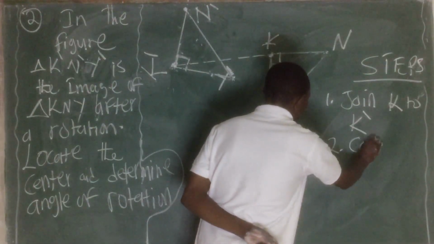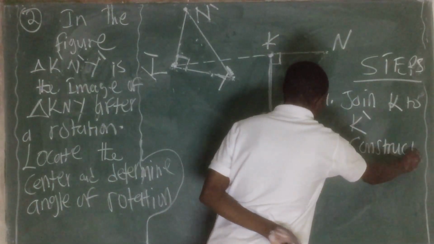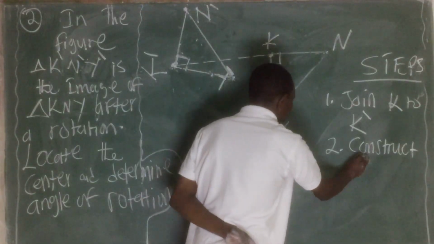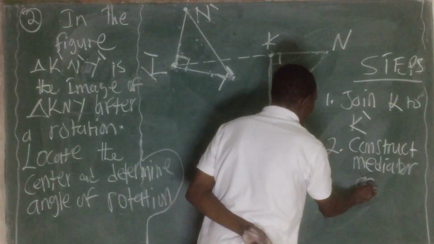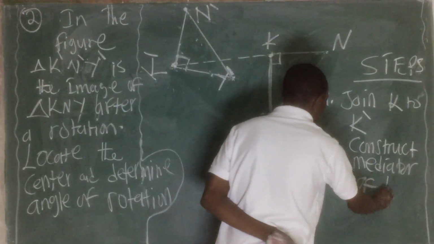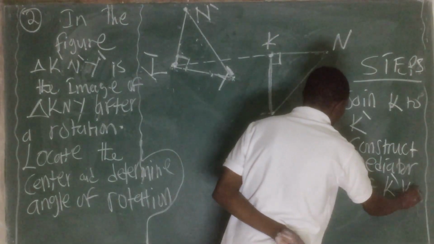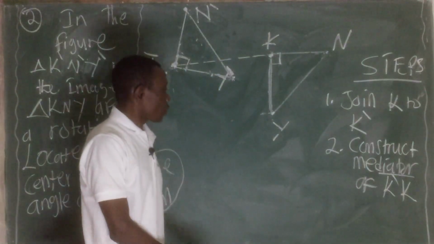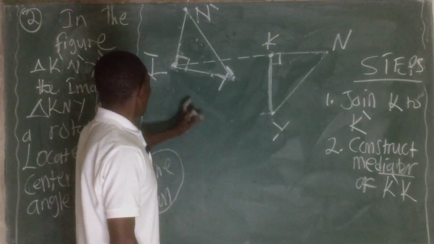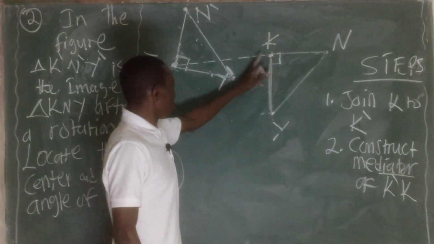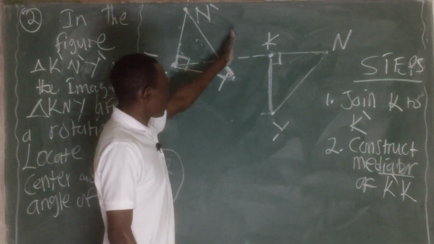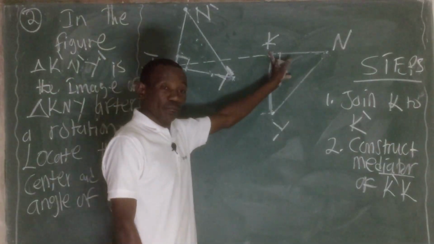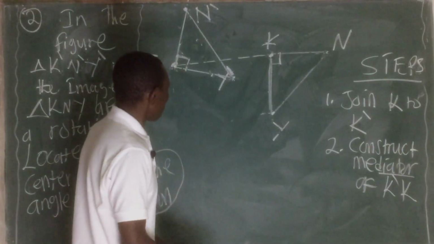Here I'll ask you to construct the mediator over k prime k. What it means is bisecting this line. If you talk of the mediator, we talk of the line that passes right through the middle of this line. That's the mediator.